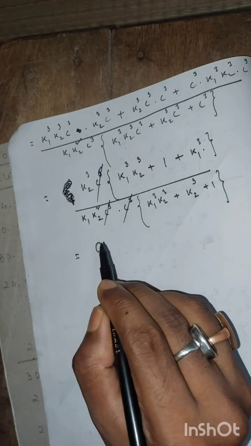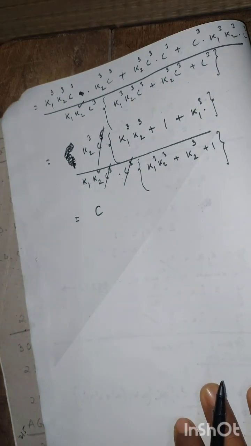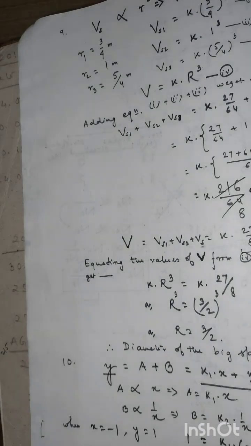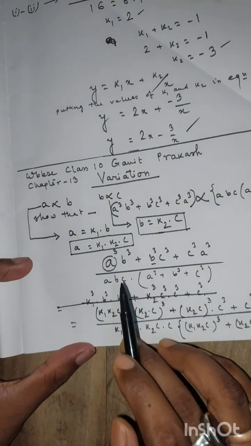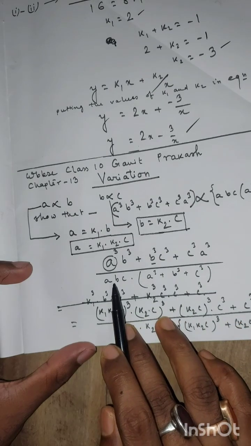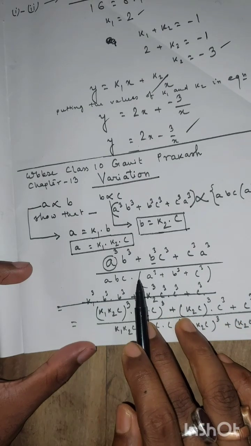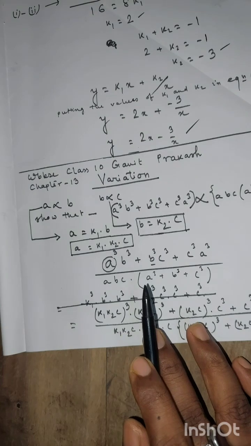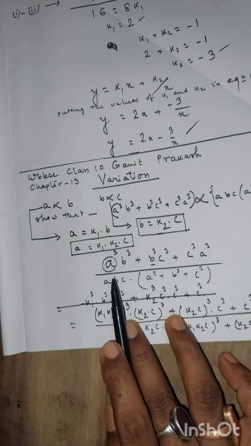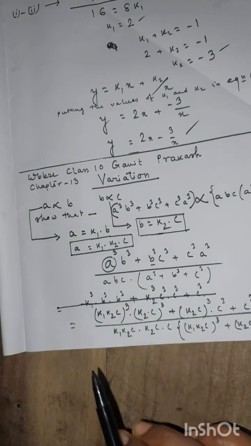This is a constant. So we can see that the ratio of the given quantities, the ratio of these two quantities is a constant.